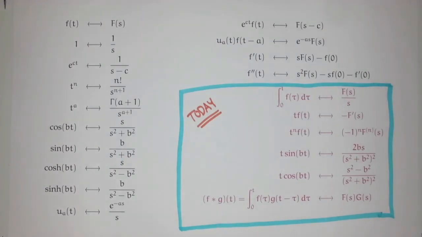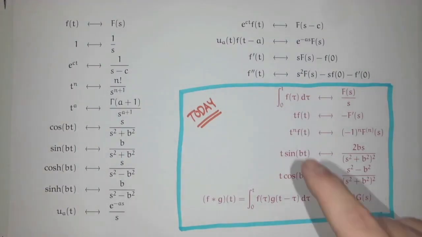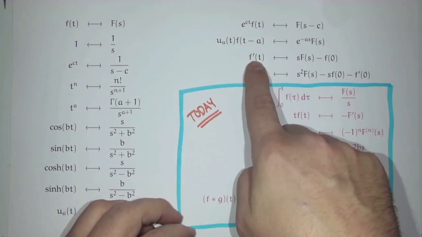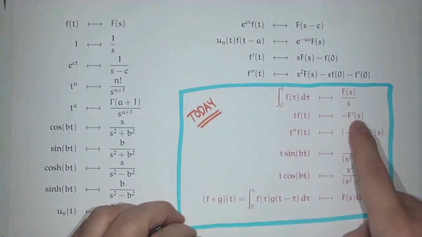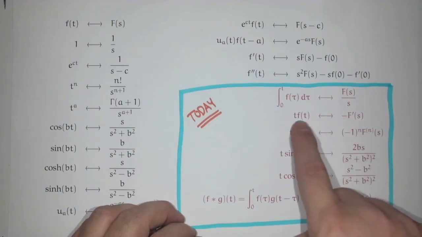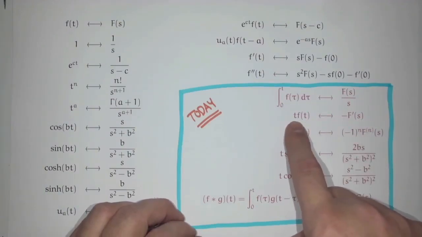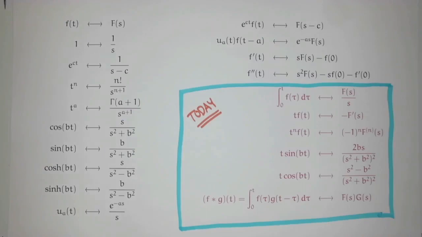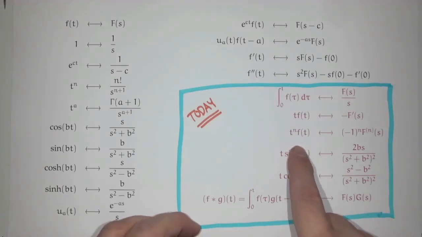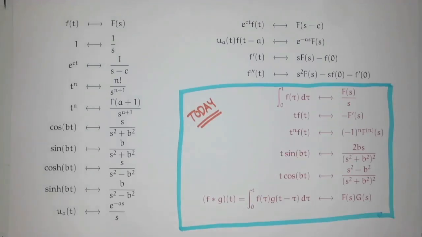But the more interesting thing says, hey, we start with the derivative on the input. We can also talk about the derivative of the output. It turns out the derivative of the output corresponds to multiplying by t in the input. Very similar. And of course, if we can multiply by t once, we can multiply by t many times. From that, we can get things like t times sine, t times cosine.